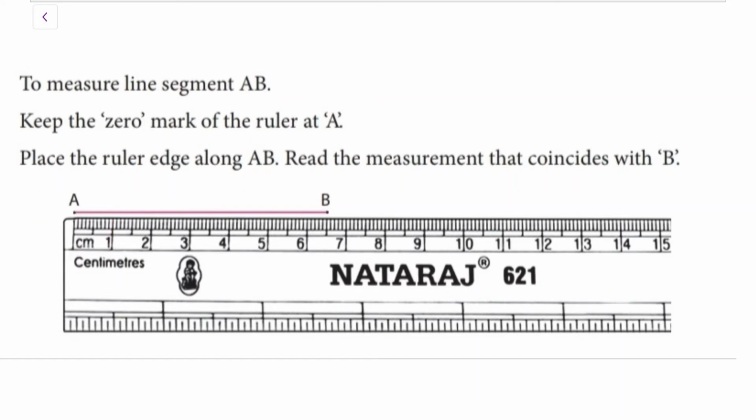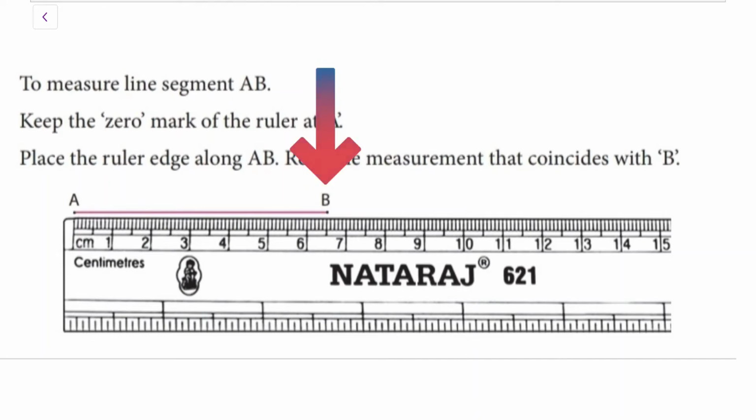Second thing is, place the ruler edge along AB. It cannot be slanting. It cannot be any other way. It has to be along AB. And then you read the measurement that coincides with B. Now, can you tell me what is the measurement of AB?